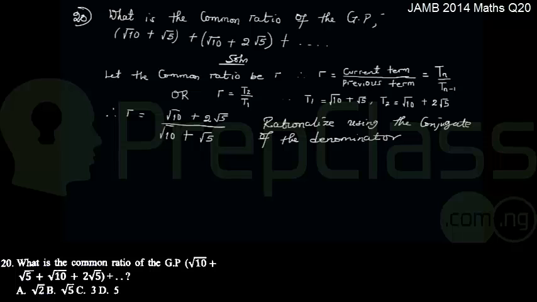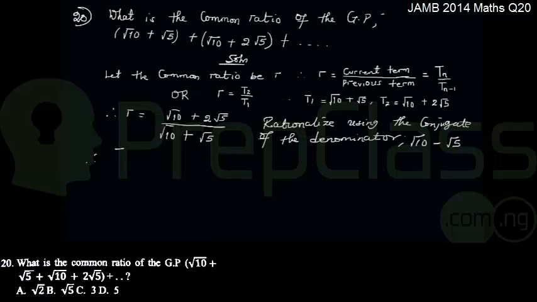What will be the conjugate of the denominator? The conjugate will have the same terms as the denominator, but the sign in the middle changes. In the denominator we have a positive sign, so the conjugate will have a negative sign: root 10 minus root 5. Such a conjugate will be used in multiplying both the numerator and denominator.